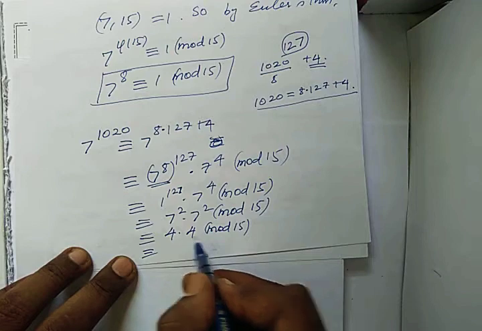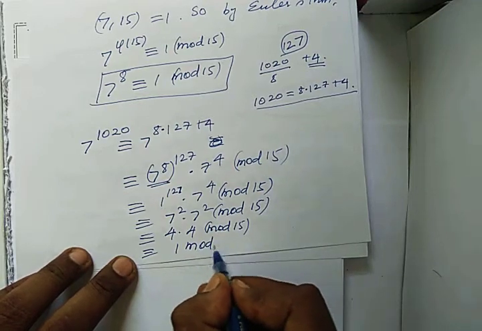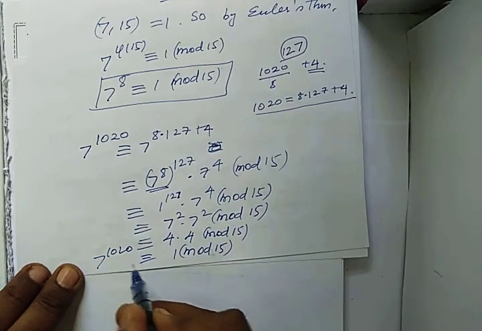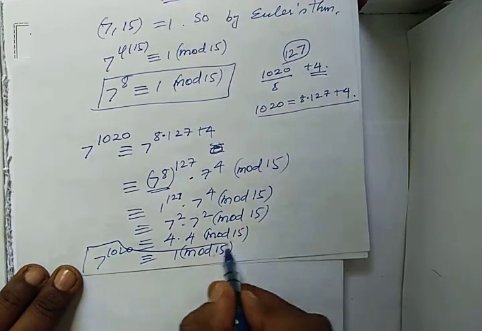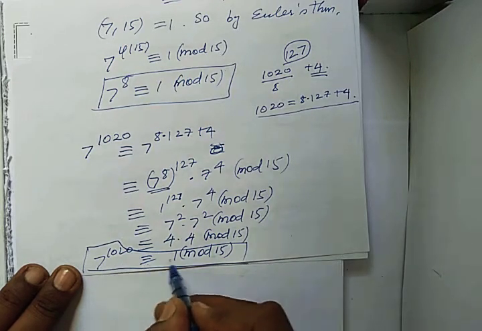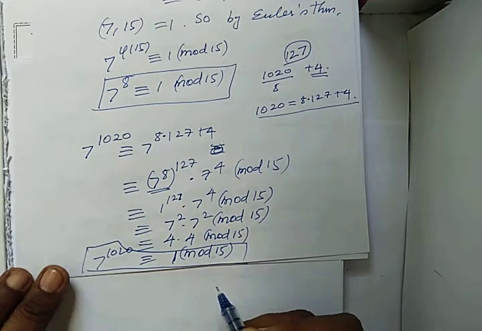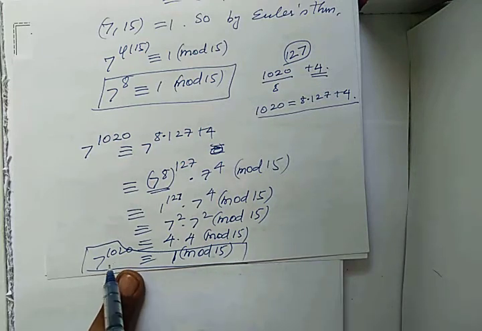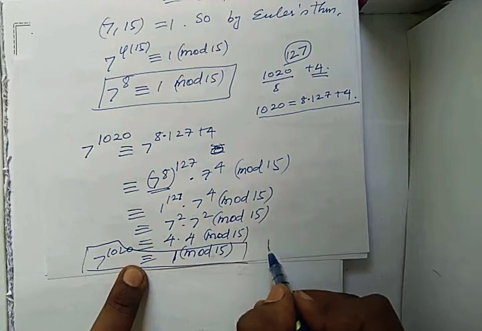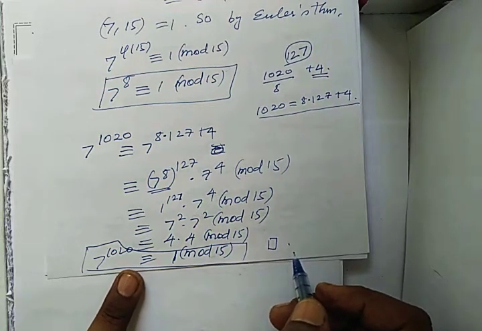This is 16, which means 1 mod 15. So we have got this last line: 7 to the power 1020 is congruent to 1 mod 15. So when we divide this number by 15, we will get the remainder 1. So the remainder is 1.